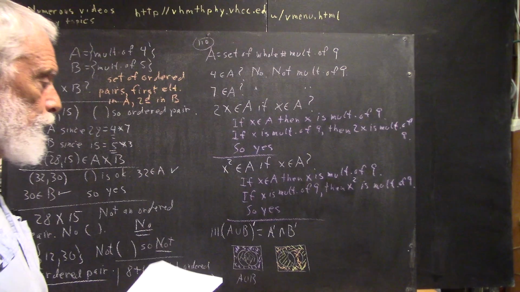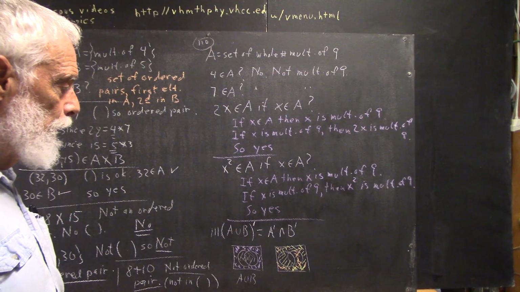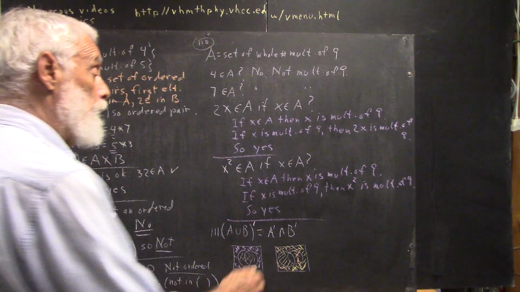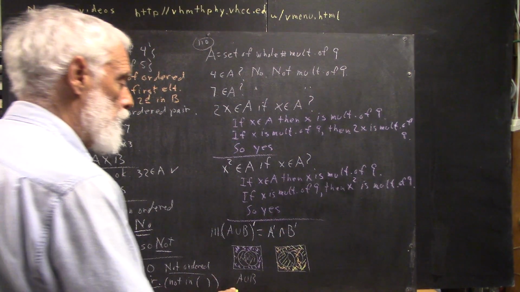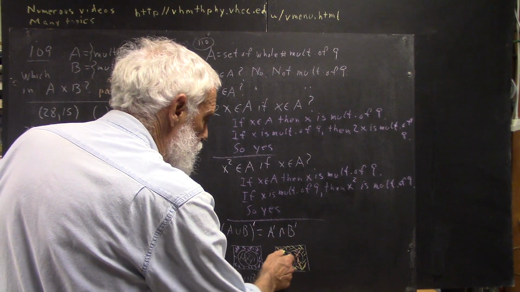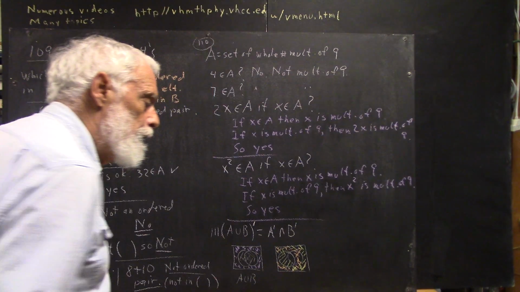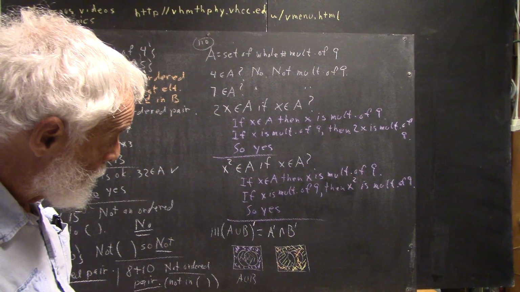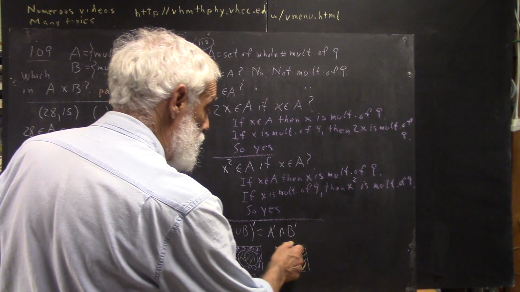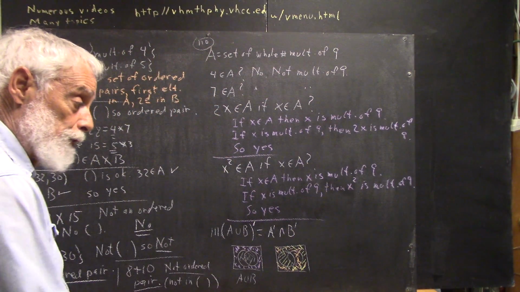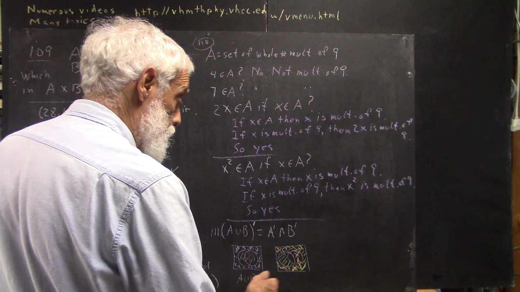And the intersection consists of everything that's both in A prime and in B prime. That would consist of everything that's shaded in orange and in green. Okay? So let's see. All this stuff outside of A and B is shaded in both colors.